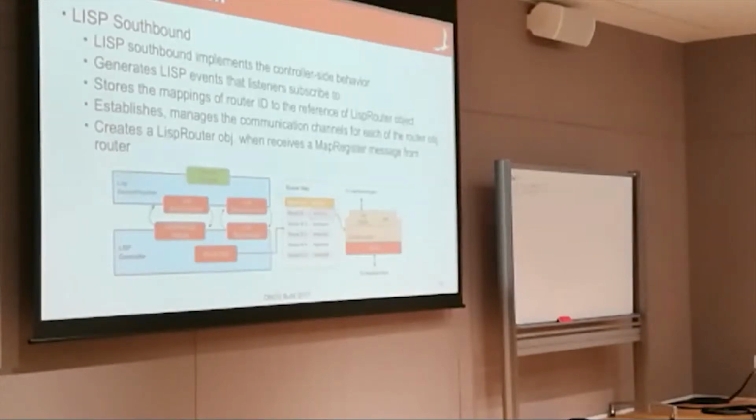So it tracks all the LISP router status and so on. It also establishes and manages the communication channel for each router object. Unlike OpenFlow, LISP uses UDP, and OpenFlow uses TCP to connect the control plane and data plane. So this part is slightly different, and the rest is pretty similar.